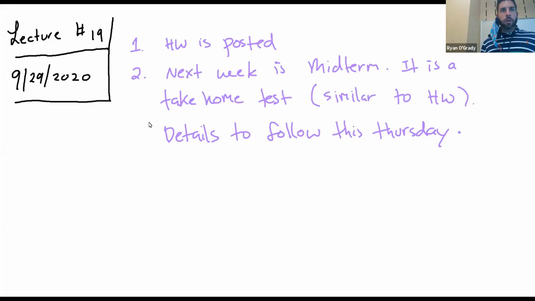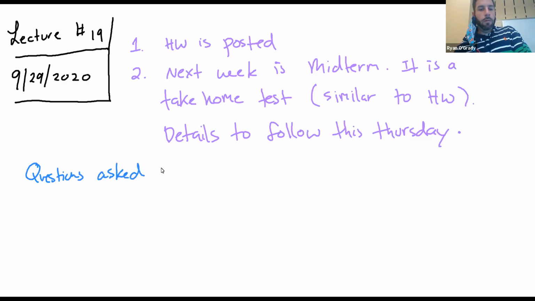So the first question that was brought to my attention was, how do you integrate secant cubed from one of the previous homeworks? So the first one is how to integrate secant cubed.